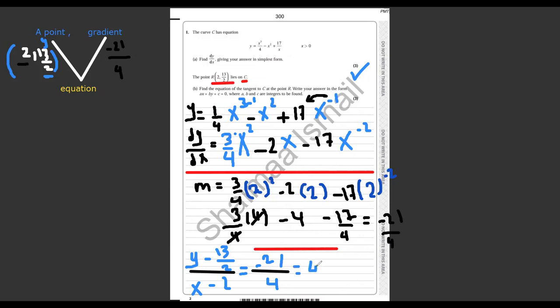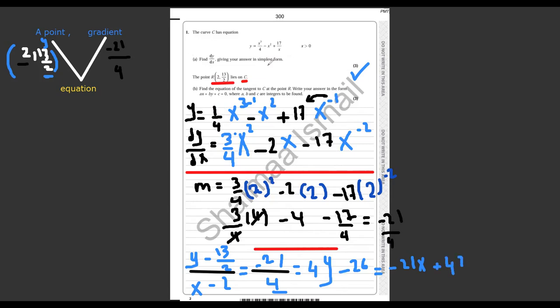Then we're going to solve it. So we say 4y minus 26, the 4 multiplied by 13 over 2, would be equal to negative 21x plus 42.